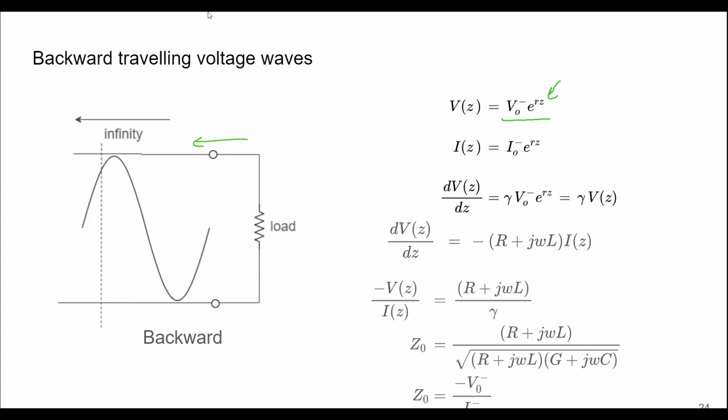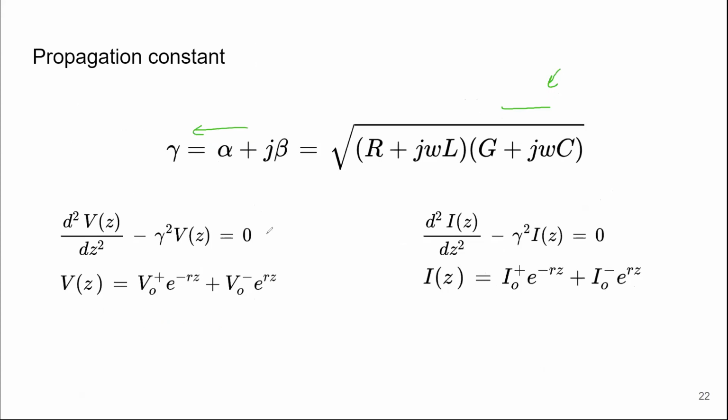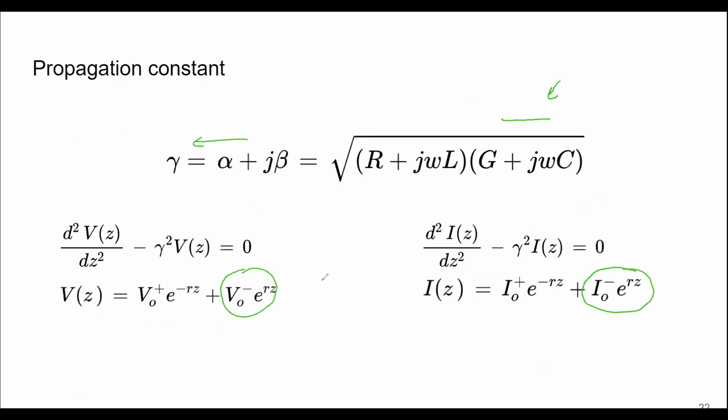And then I think we derived that in this expression, right? So this is the backward going voltage, and this is the backward going current, right? So in this scenario, we have backward going voltage and backward going current.